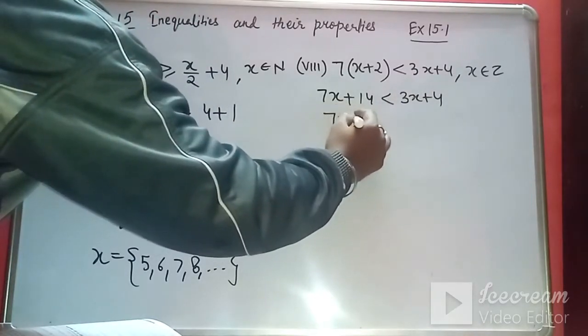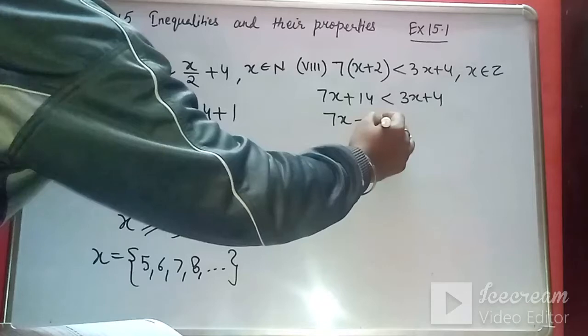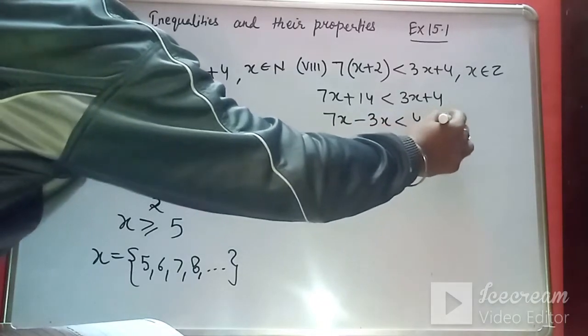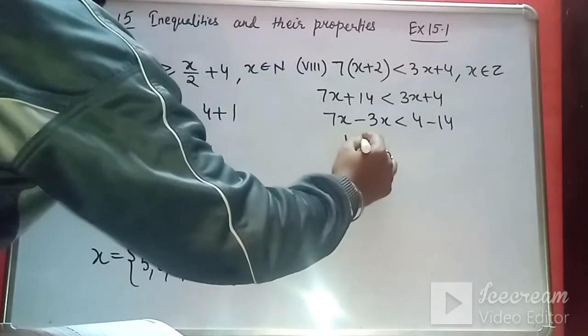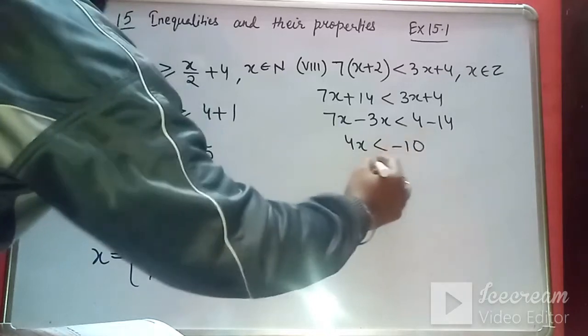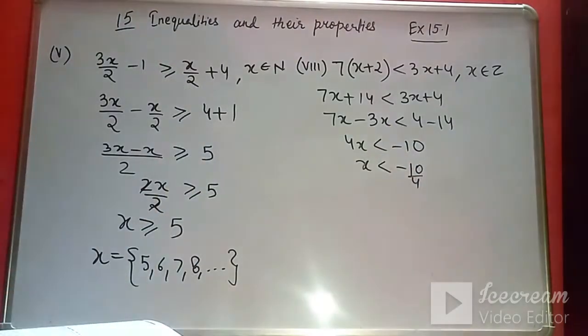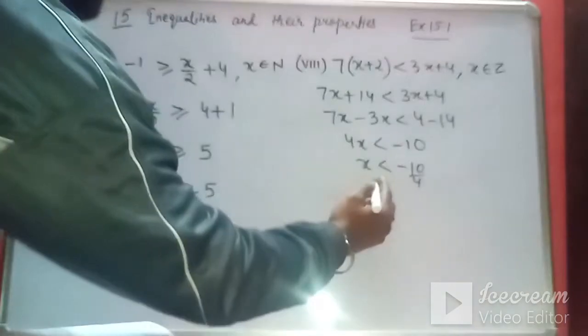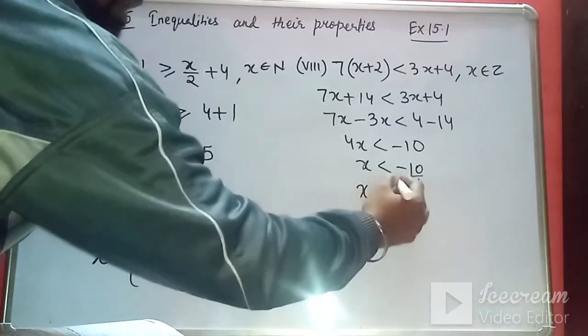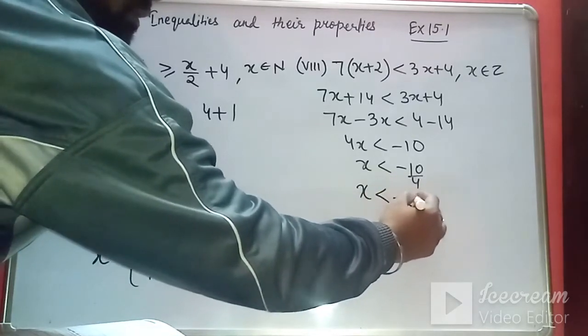So 3x minus 7x less than 4 minus 14. 4x less than minus 10. x less than minus 10 upon 4. Okay, now you can see that 10 is not divisible by 4. So I am going to write its decimal value. It will be minus 2.5.